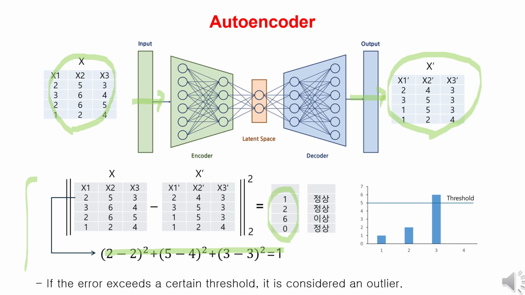If this error exceeds a predetermined threshold, the data is considered abnormal or an anomaly. In this case, the threshold is set to 5, and since the error for the third data point is greater than 5, it is flagged as an anomaly.